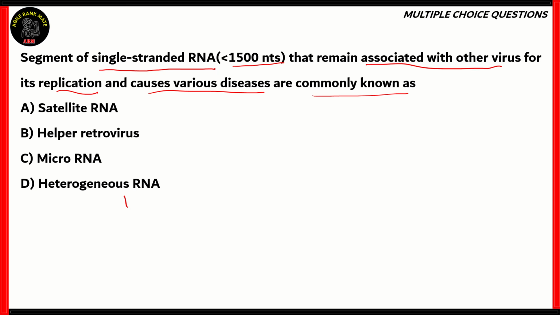Heterogeneous RNA is what is produced in transcription, where the DNA is transcribed to form messenger RNA. And this heterogeneous RNA will help in translation to amino acids.